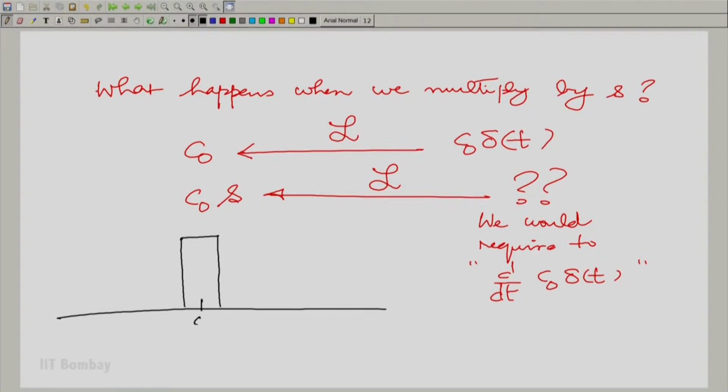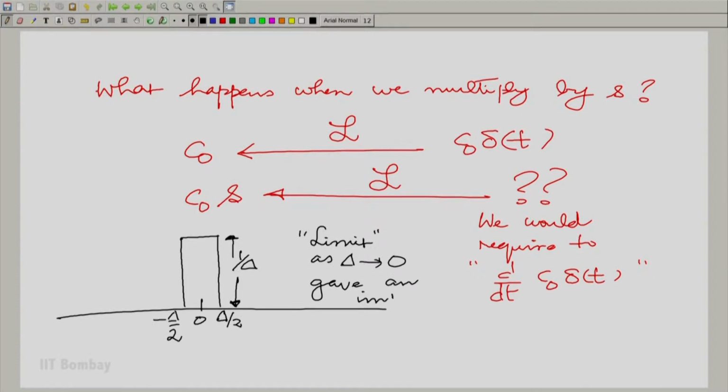You had this very narrow symmetric pulse about 0. And you took the so called limit as delta tends to 0, though of course limit is not a very correct word here, but we did that. We essentially took the so called limit and that gave us an impulse.